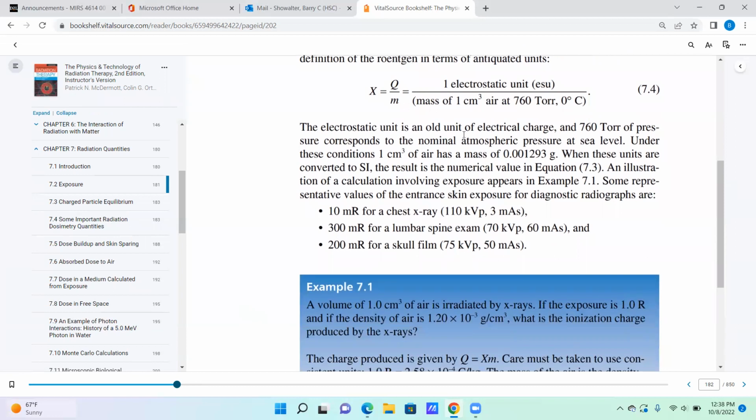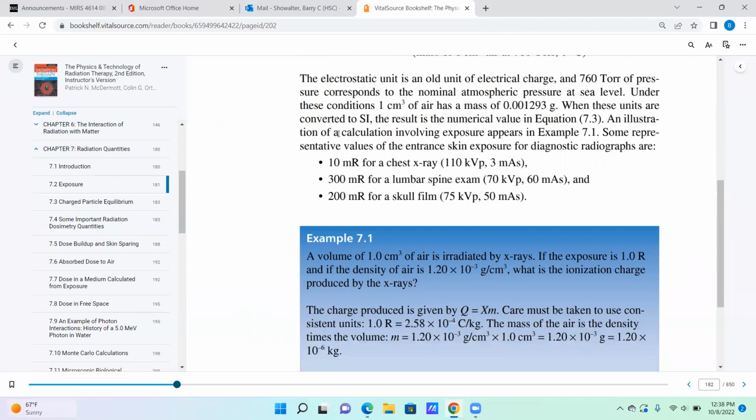The electrostatic unit is an old unit of electric charge, and 760 torr of pressure corresponds to the nominal atmospheric pressure at sea level. Under these conditions, a cubic centimeter of air has a mass of this amount. When these units are converted to SI, the result is the numerical value in equation 7.3. An illustration of a calculation involving exposure appears in 7.1.